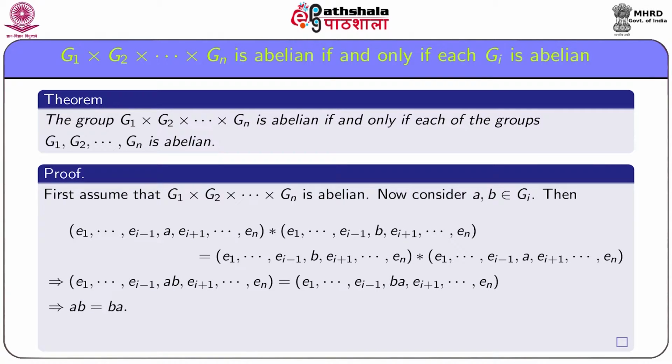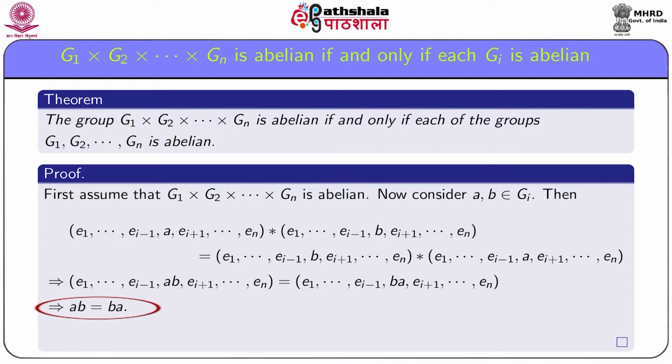Now we show that, given n groups G1, G2, up to Gn, their Cartesian product G1 cross G2 cross up to cross Gn is abelian if and only if each Gi is abelian. First, assume that the Cartesian product is abelian. We are to prove that every Gi is abelian. Consider Gi and two arbitrary elements a, b from Gi.